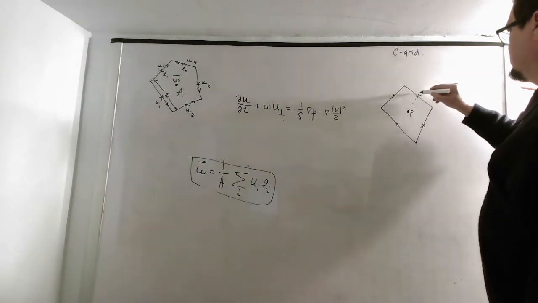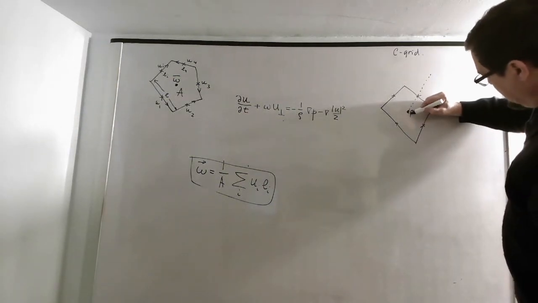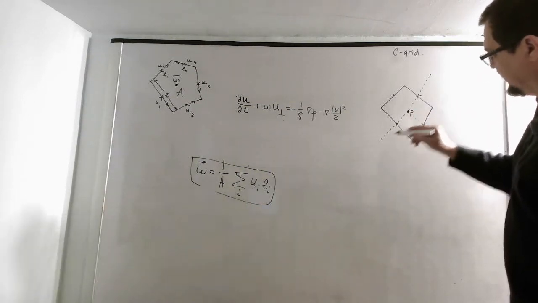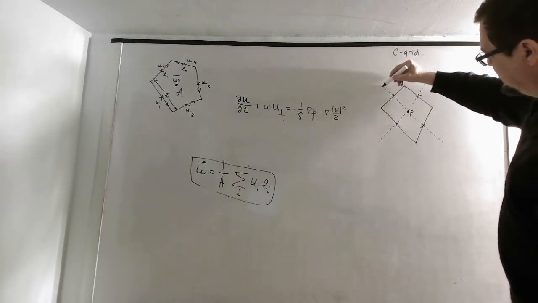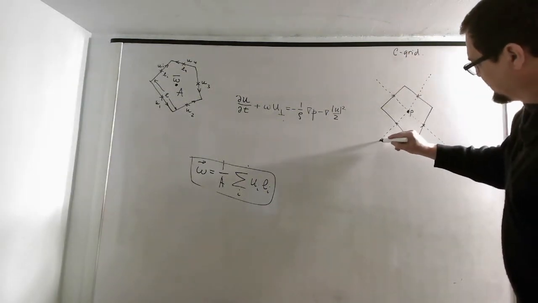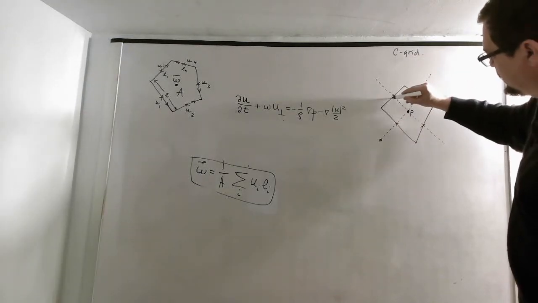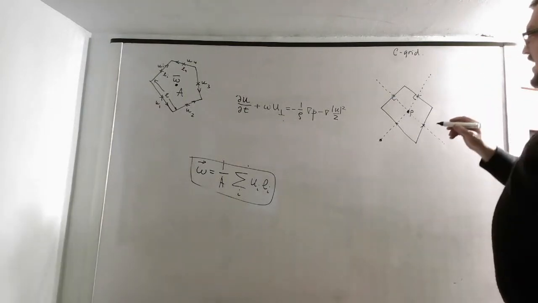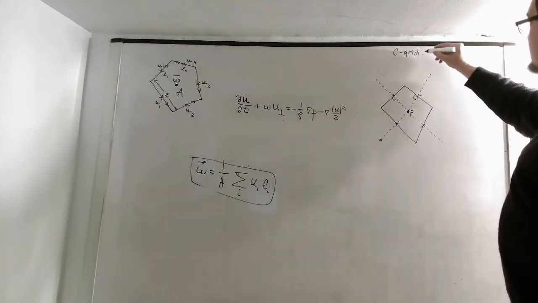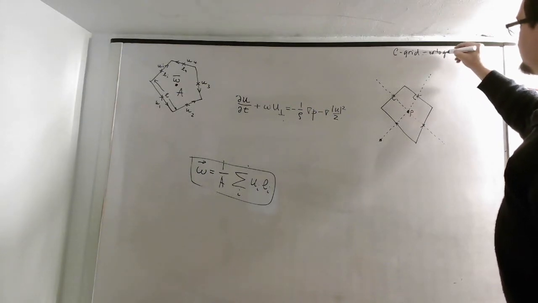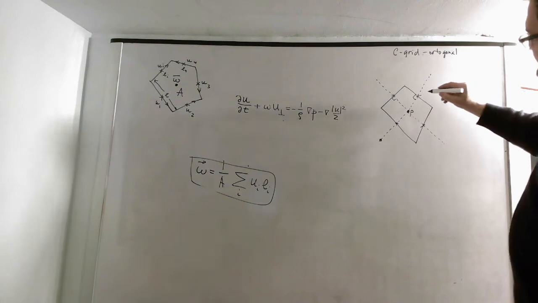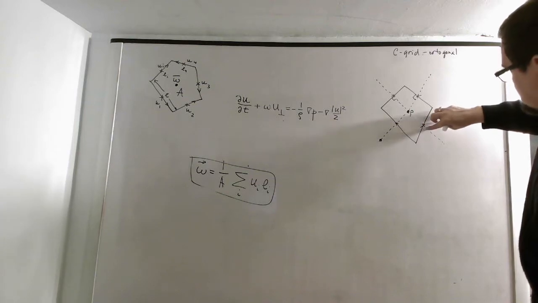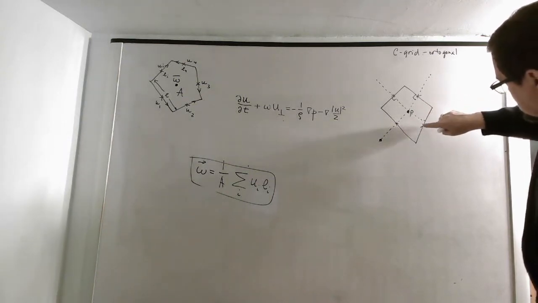Then we assume that the neighboring cells, so we need to generate this grid very carefully, also have their P's along these lines which are perpendicular to our edges. This grid is called an orthogonal grid. Well, it's not quite orthogonal here, but okay, let's make it more orthogonal.